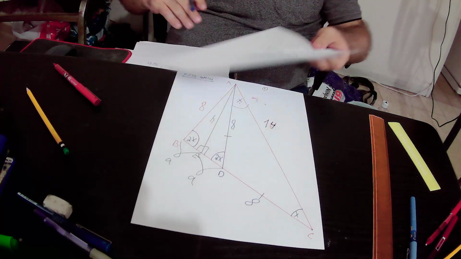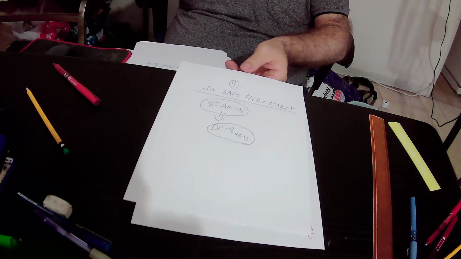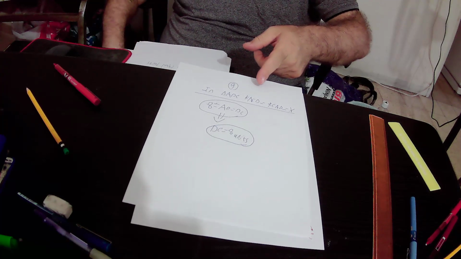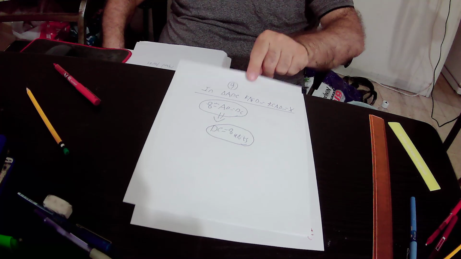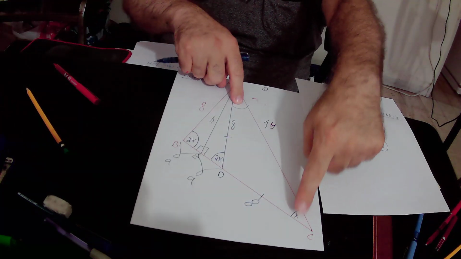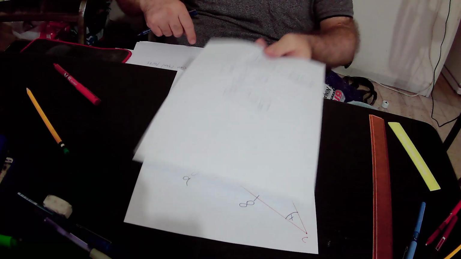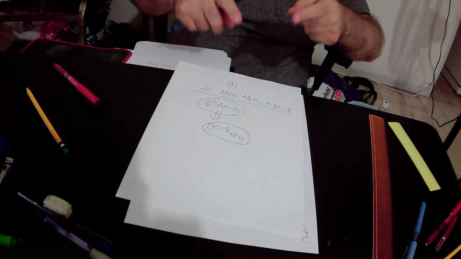Again, in triangle DAC we have two angles that are equal to each other. Both of those two angles are equal to x. So according to rule number 1, in front of equal angles we have equal sides.